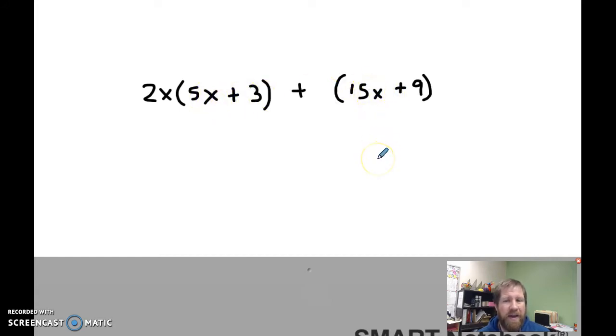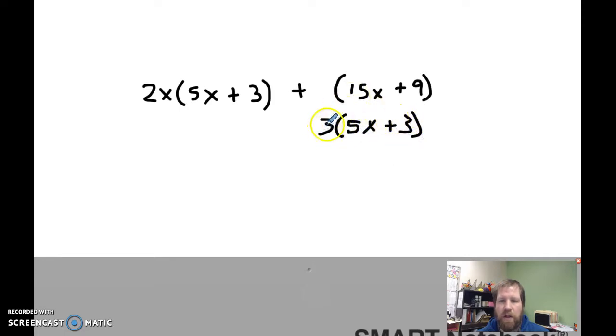So what I've got to do is make them common factors. I've got to figure out a factor from these two terms that I can pull out to make this binomial equal to 5x plus 3. When I look at this, I see that 15x is 3 times 5x, and 9 is 3 times 3. So I should be able to pull out a 3 and be left with 5x plus 3.